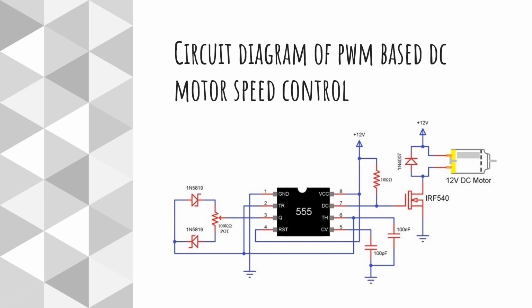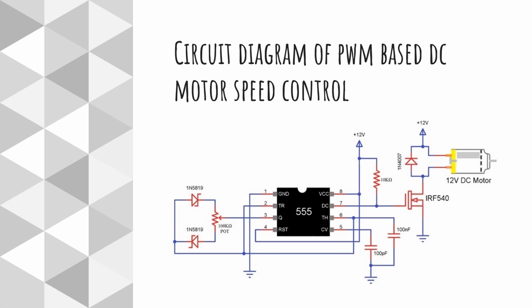Two Schottky diodes 1N5819 are connected to the other two pins of the pot. The common point of the diodes is connected to pin number 2. Pin number 7 is pulled high with the help of a 100 kilo ohm resistor.